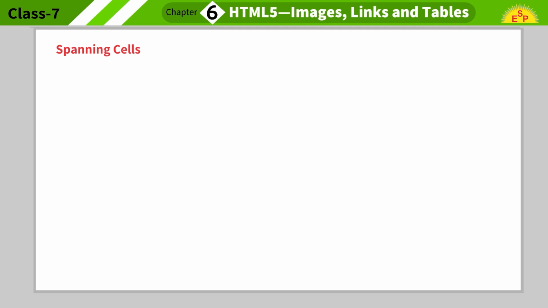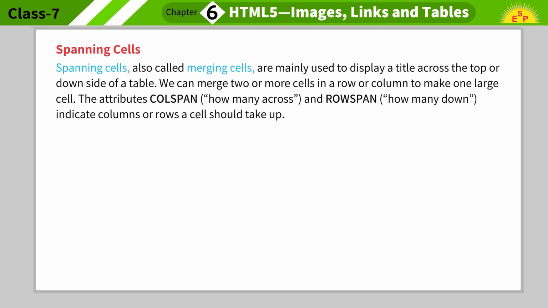Spanning cells. Spanning cells, also called merging cells, are mainly used to display a title across the top or down the side of a table. We can merge two or more cells in a row or column to make one large cell. The attributes colspan (how many across) and rowspan (how many down) indicate columns or rows a cell should take up.